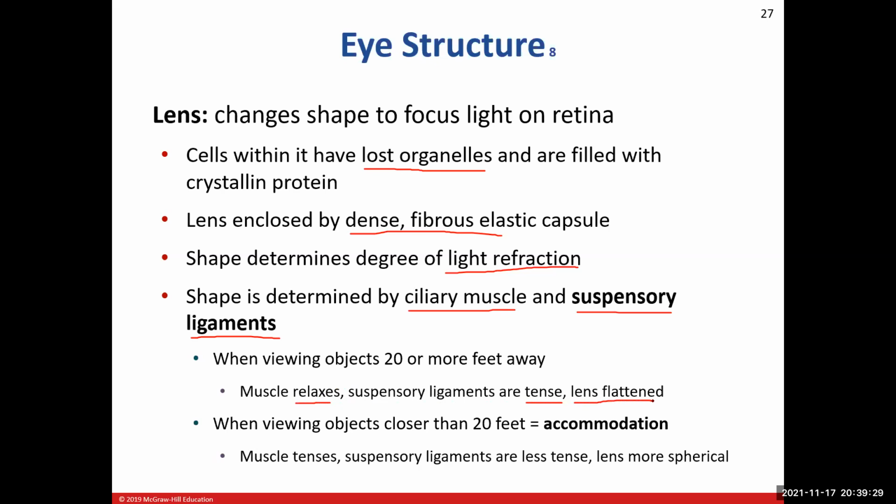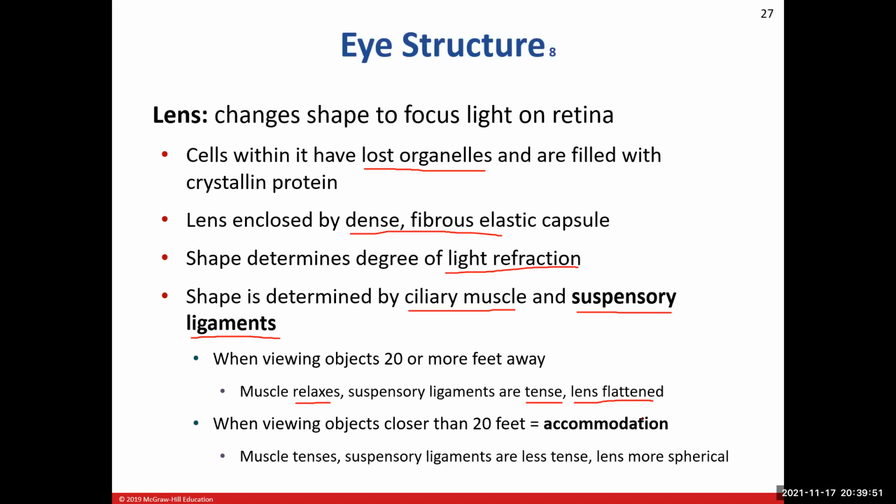But you have to abandon that common sense, where you would think that, and just go with the memorization portion. So when you're looking at something that's far away, the ciliary muscle relaxes. That causes the suspensory ligaments to tense, and it causes the lens to flatten.